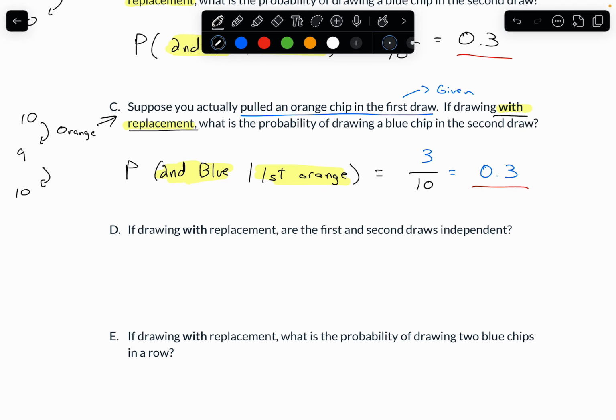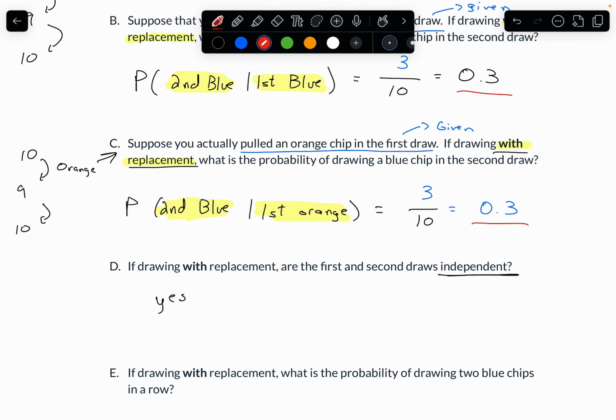So in part D, it says if drawing with replacement, are the first and second draws independent? Remember, when we talk about independence, we're saying that the outcome of one event doesn't tell me anything about the outcome of the other. So in this case, yes, they are independent because we saw we had the same probability if the first one was blue versus if the first one was orange.